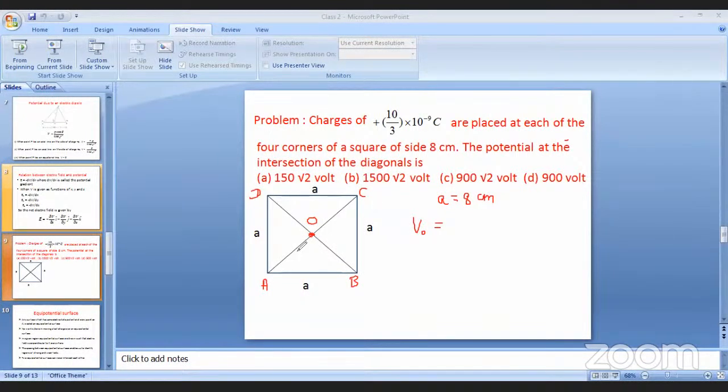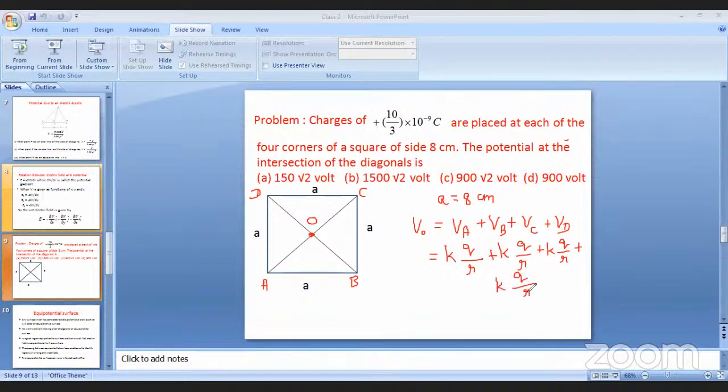We need to know the distance between the charge at point A and point O. We apply the formula V naught equal to VA plus VB plus VC plus VD, that is K into Q by R plus K into Q by R plus K into Q by R plus K into Q by R.